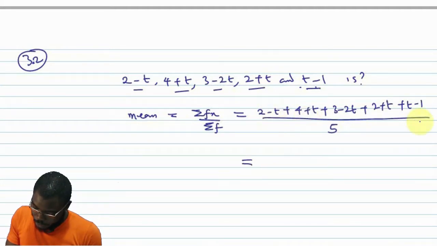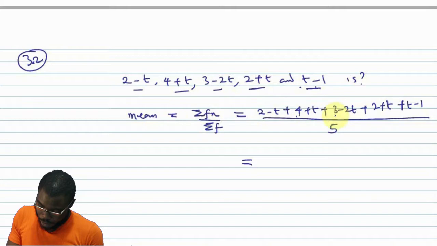Let's do the constants first. 2 plus 4, 6. 6 plus 3, 9. 9 plus 2, 11. 11 minus 1, 10. So we have 10.